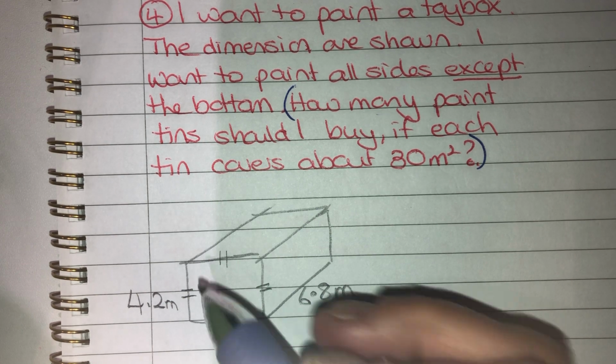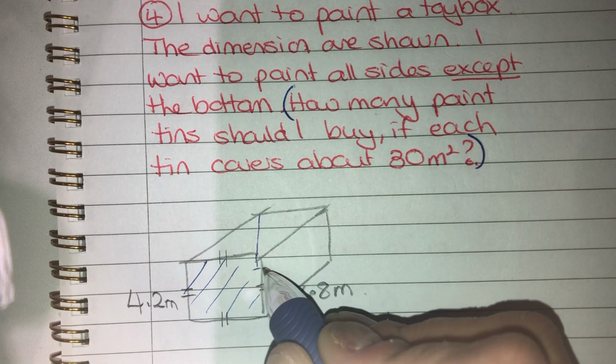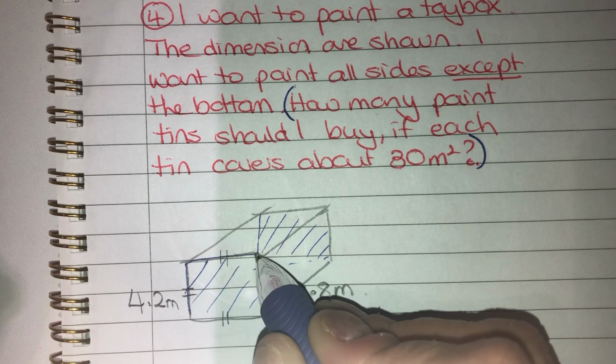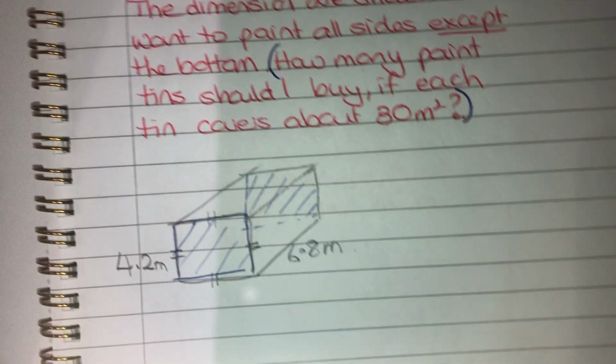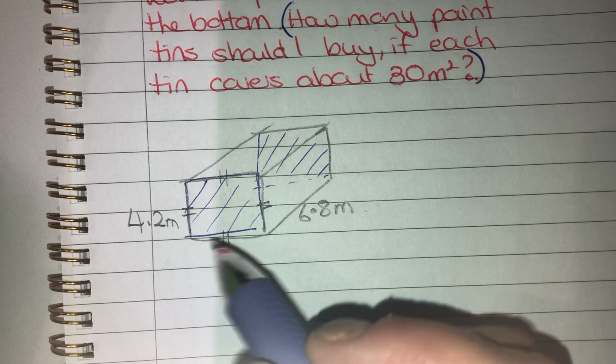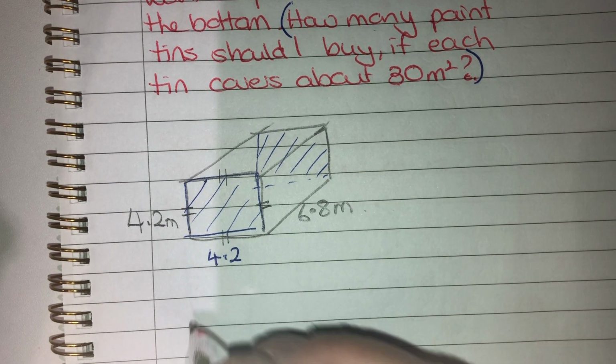Okay, so let's see how many shapes we've got. We're going to have the front and the back, which are these little squares. And you will notice that these squares are in fact squares. So if this is 4.2, then this is 4.2.